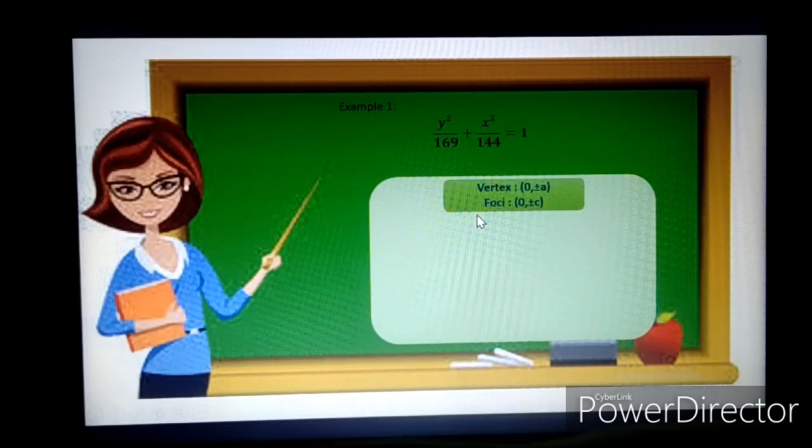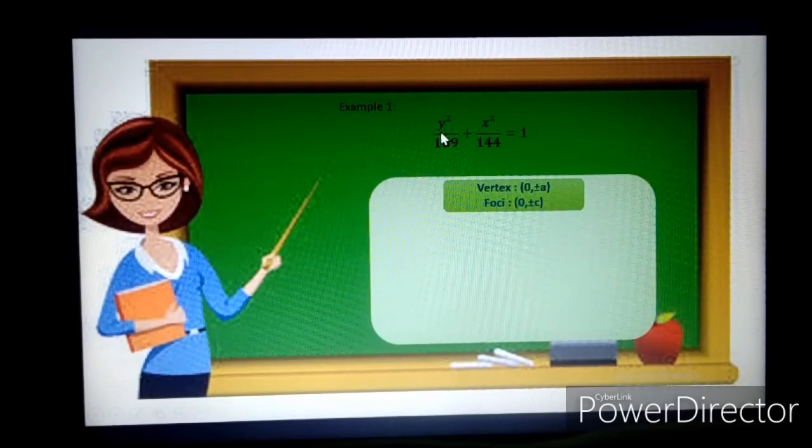So our vertices and foci of example 1, which is y squared over 169 plus x squared over 144 equals 1. As I said, this is a vertical ellipse.